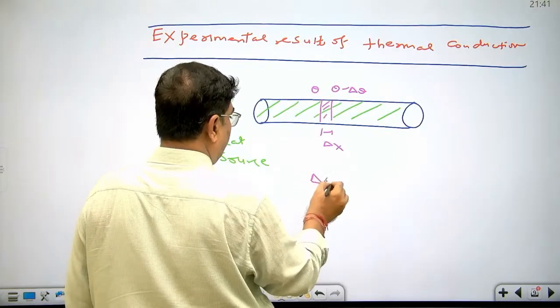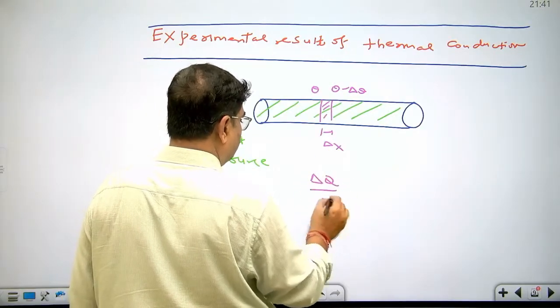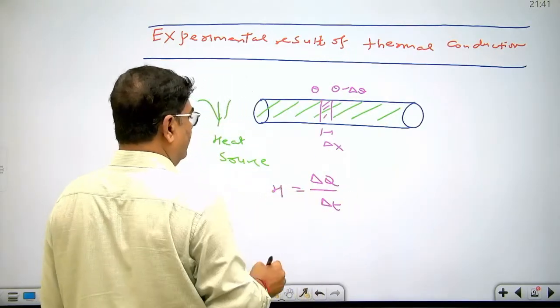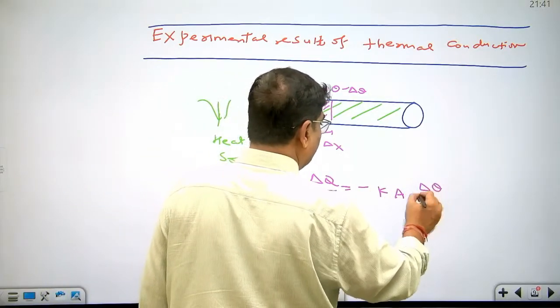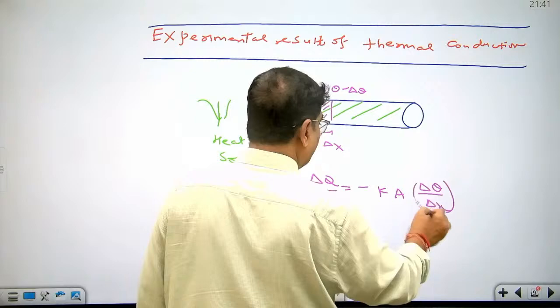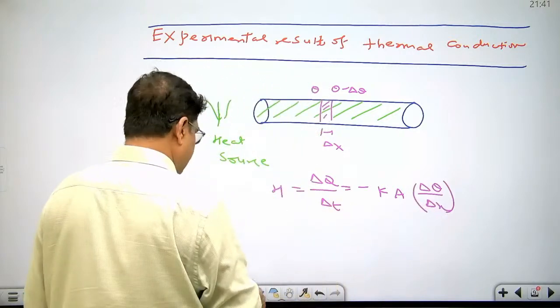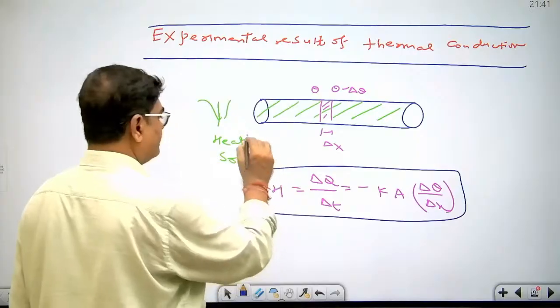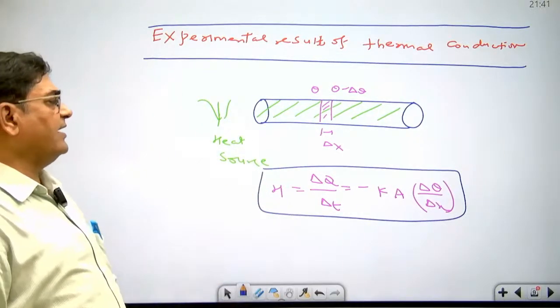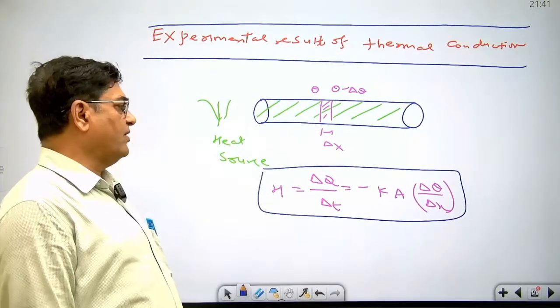So delta Q upon delta t is the heat flow rate, which is called heat current. This is minus KA delta theta upon delta x. This negative sign indicates that in the direction of heat flow, temperature decreases.